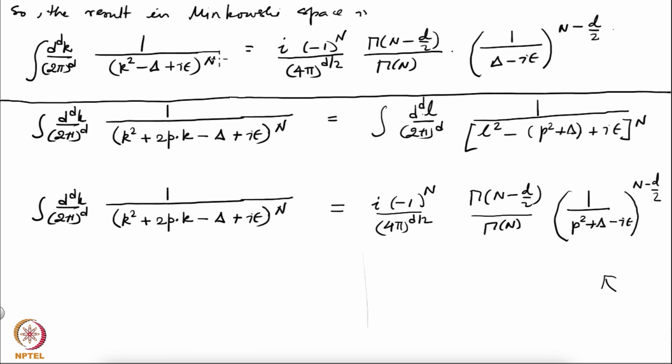So capital N here, in the present integral that I am evaluating, is 2, which means you have 2 Feynman propagators in the diagram, and for d I have put 4 minus 2 epsilon. So I'll take this result and put d equal to 4 minus 2 epsilon, and capital N equal to 2. That's what I'm doing.